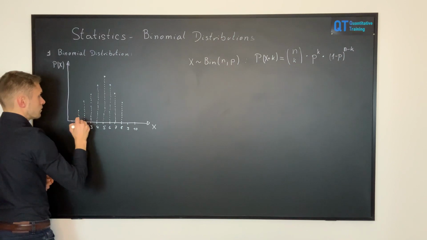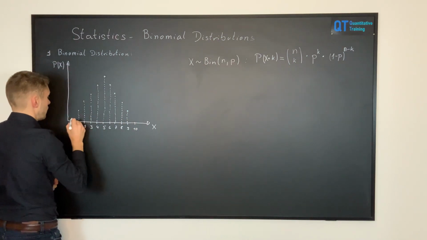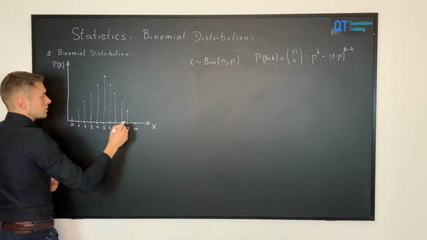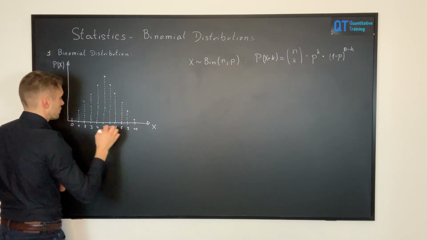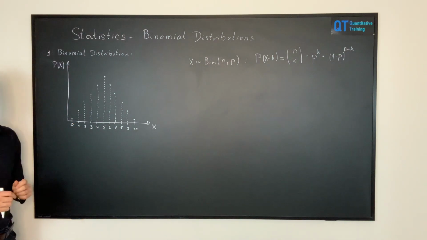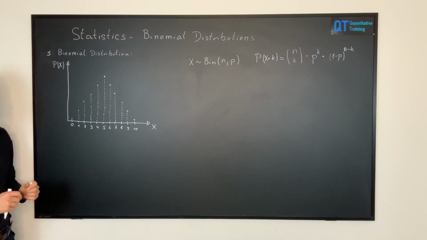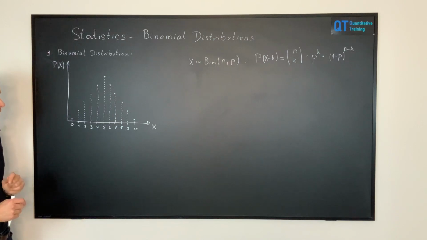And then you're somewhere here for x equals 1 and x equals 9. And then a very low probability of obtaining 0 times. From a logical point of view, if you do the experiment 10 times, it's very unlikely to obtain 0 times tails. You will at least, on average, obtain a couple of times tails. And obtaining 10 times tails in a row is also very unlikely. So you have a very small probability here.